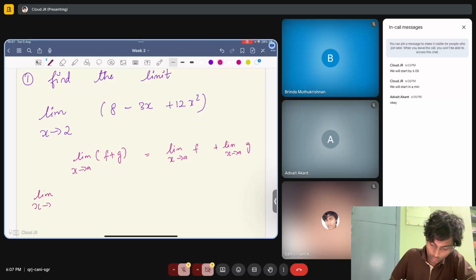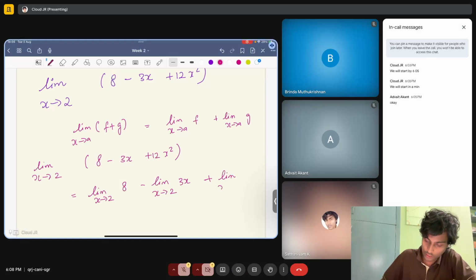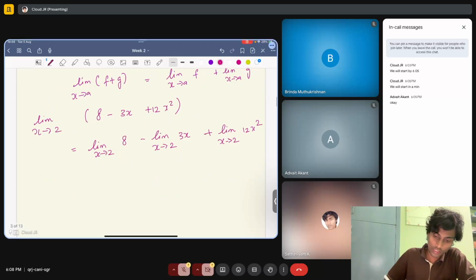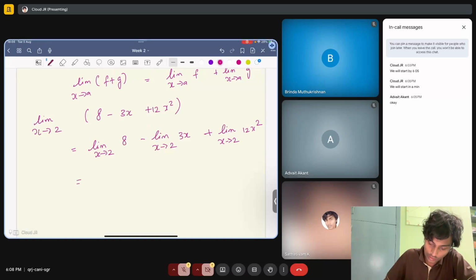So the limit as x tends to 2 of 8 minus 3x plus 12x square will be the limit of 8, minus the limit as x tends to 2 of 3x, plus the limit as x tends to 2 of 12x square. Now you can directly apply the limit on each of these.